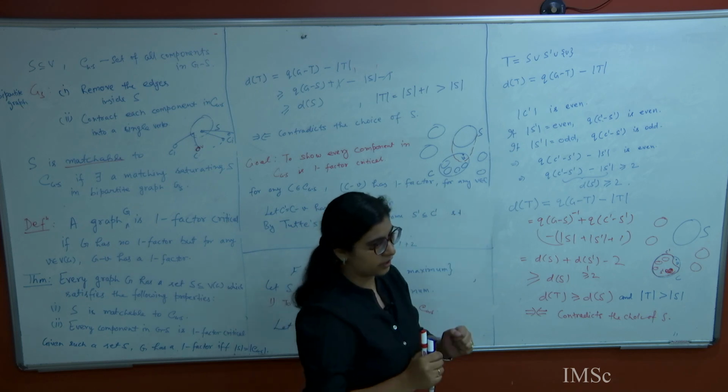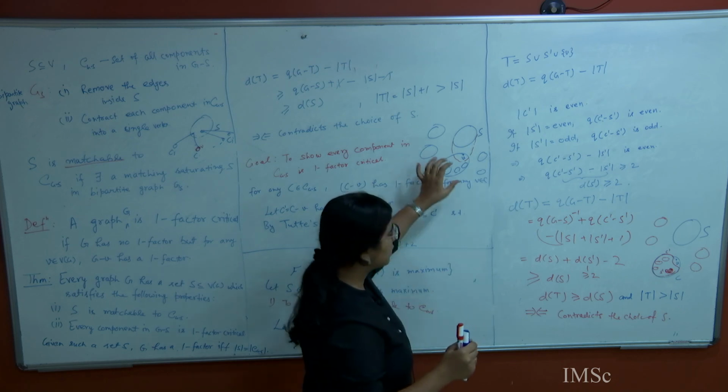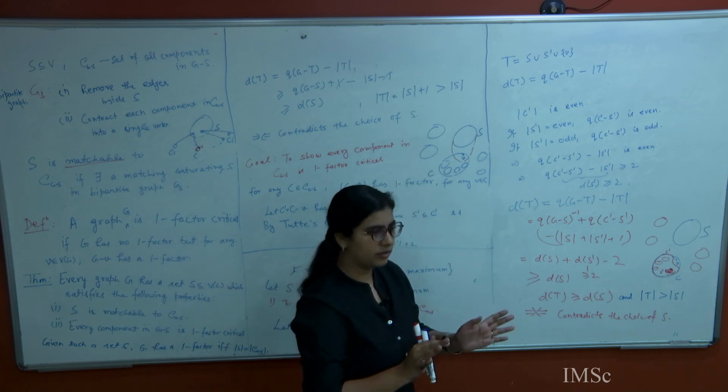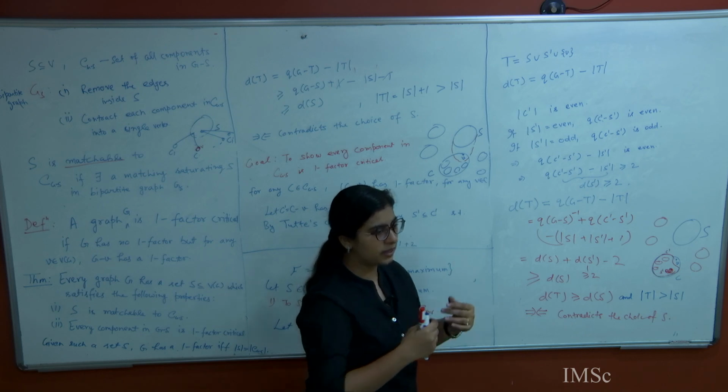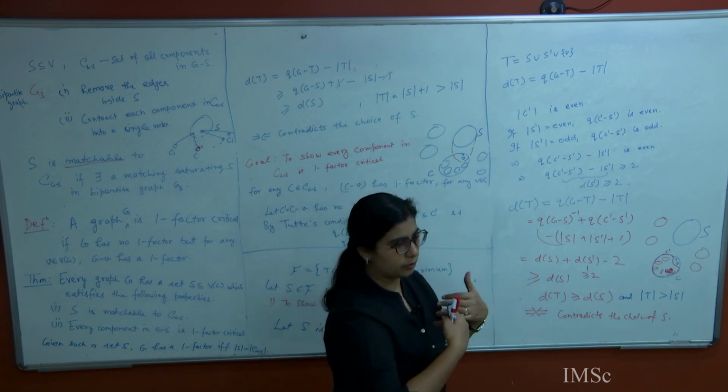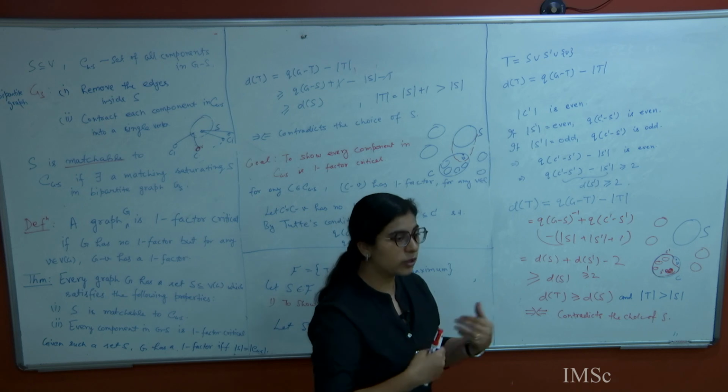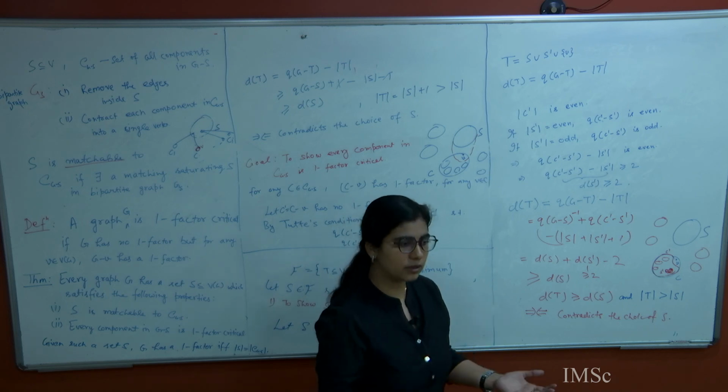There we use Tutt's condition, right. So this is a smaller graph. So here we can say that by the induction hypothesis my theorem holds, and because my theorem implies Tutt's condition, I can use Tutt's condition, right.